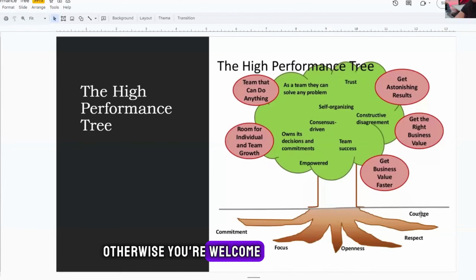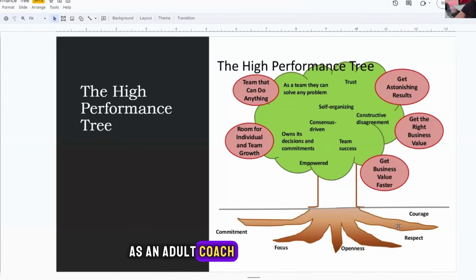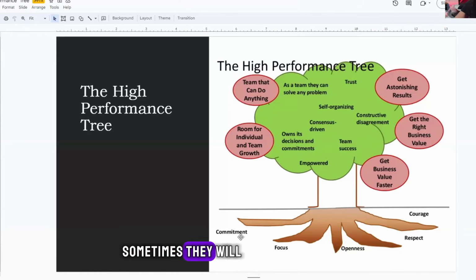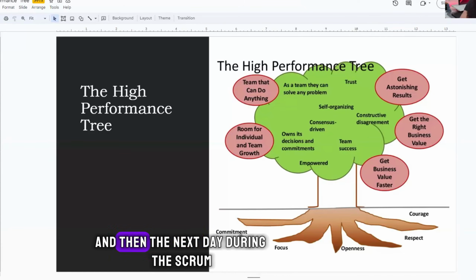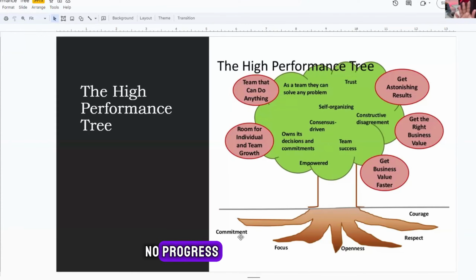Otherwise, you're welcome. So while I'm helping teams as an agile coach, if I observe that these teams say things that they don't do, and they think it's okay. Sometimes they will say that they were going to do this thing, and then the next day during daily scrum, they are still talking about that same thing. No progress.